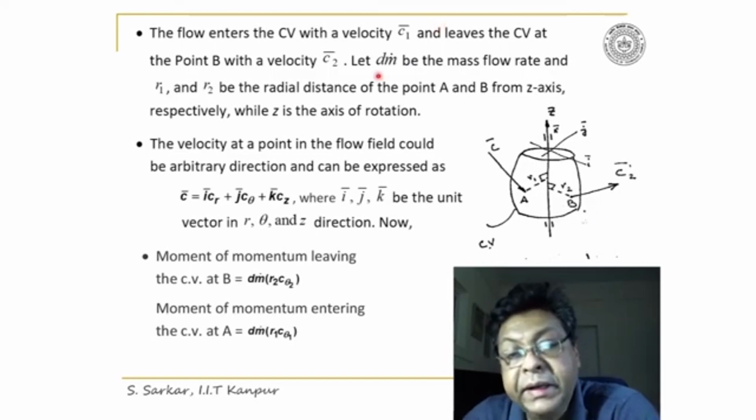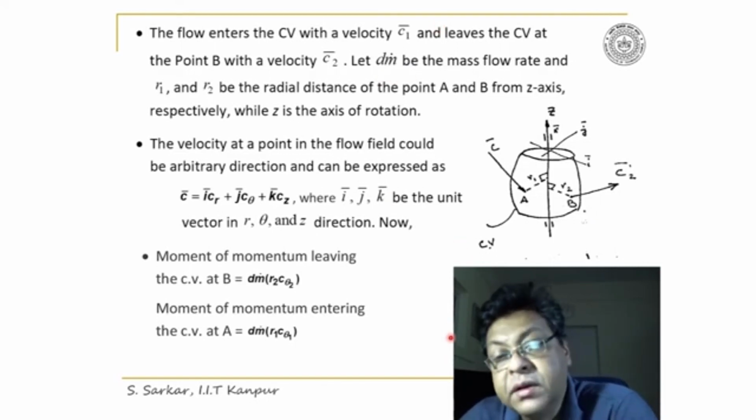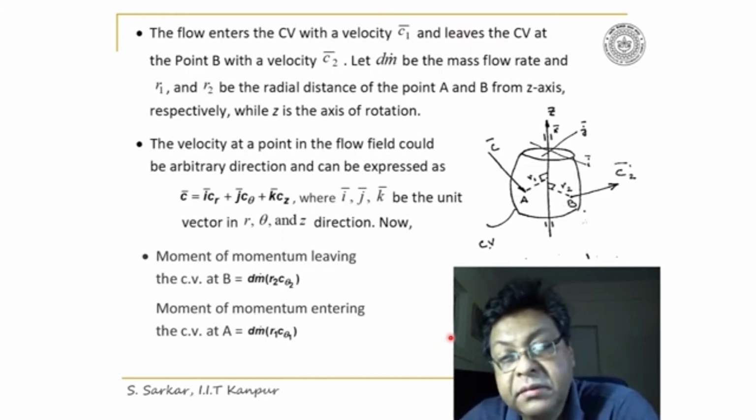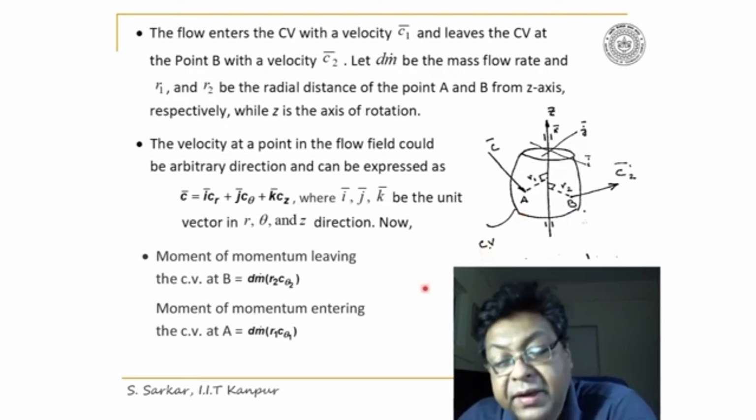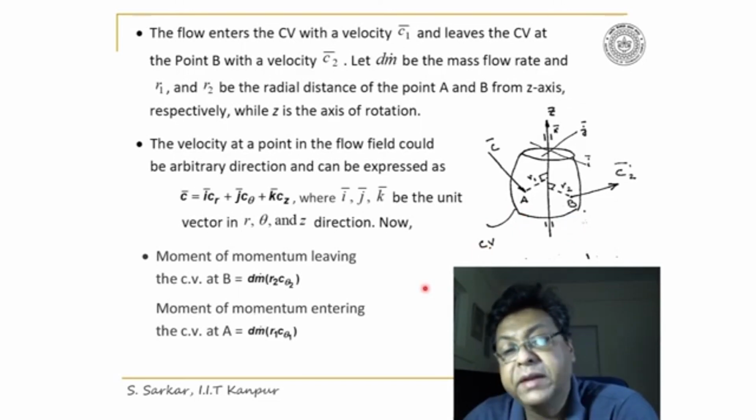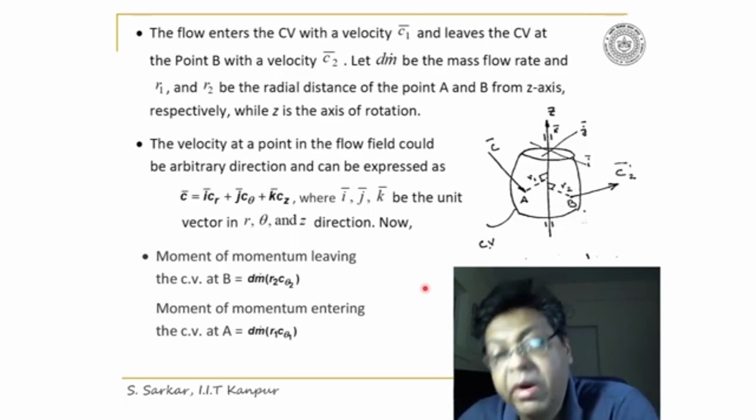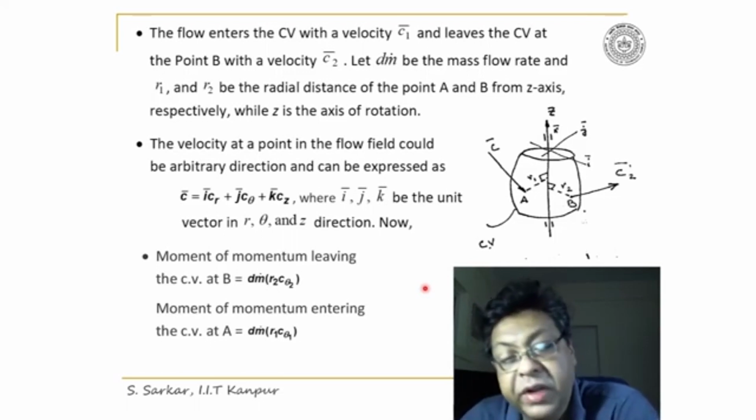And let dm dot be the mass flow rate that is entering and leaving the control volume, and R1 and R2 be the radial distance at points A and B, where Z is the axis of rotation.